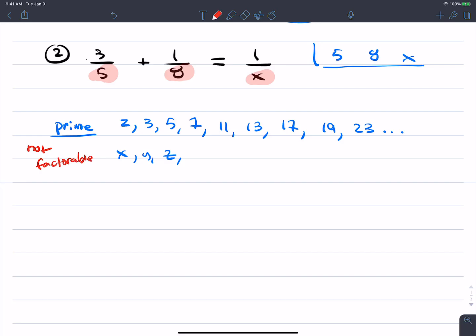So you can have variables, you can have terms like x plus 3, x minus 7, y plus 5, x squared plus x plus 1. You can have 3x minus 2, 2x plus 3. You could even have x squared plus 4. All of these, again, are not factorable. So these are all considered primes.